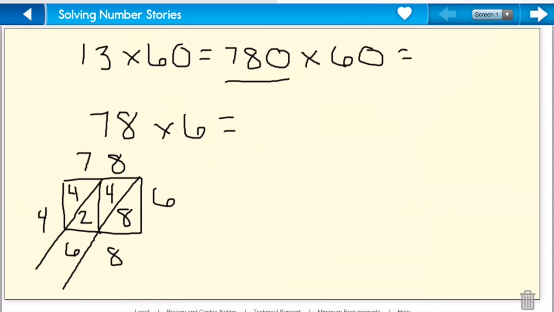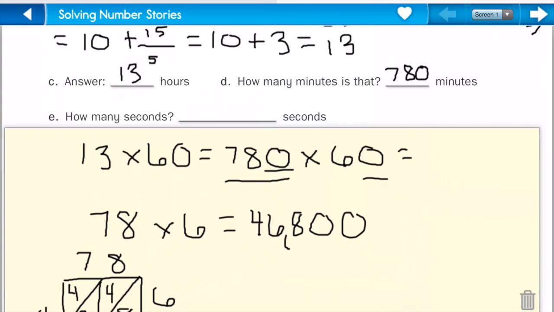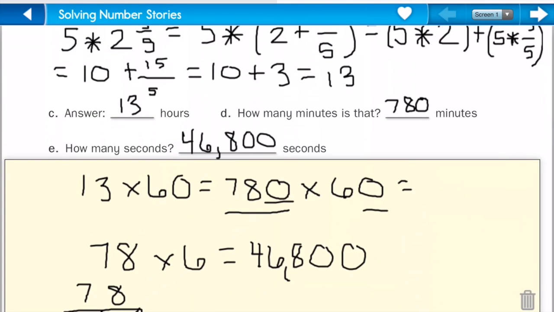So we have 468. And then now we just add our 2 zeros that we have. Add our comma. So our answer would be 46,800 seconds. All right, let's go to our next screen.